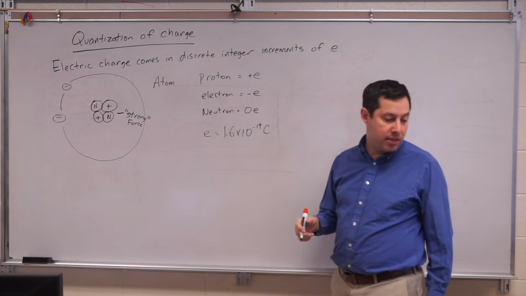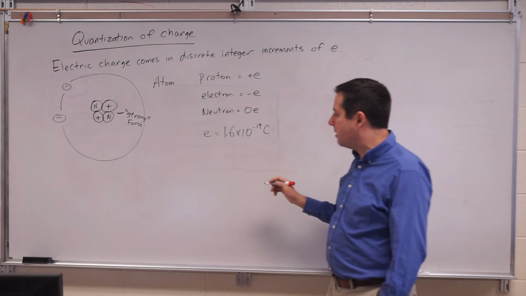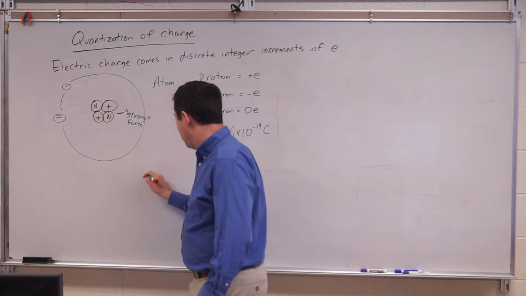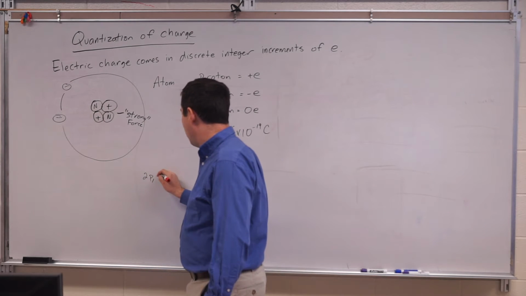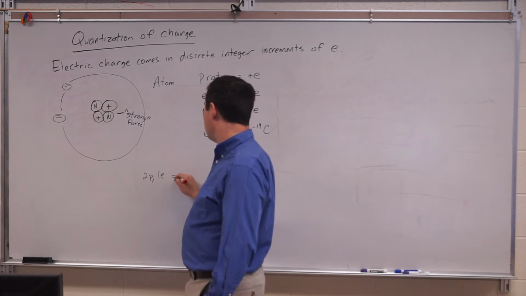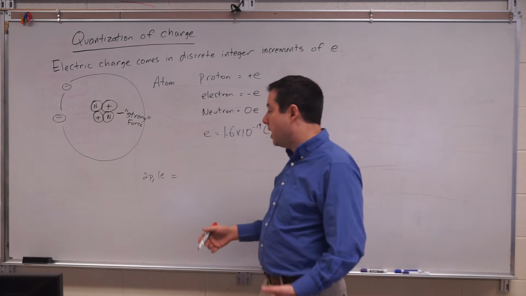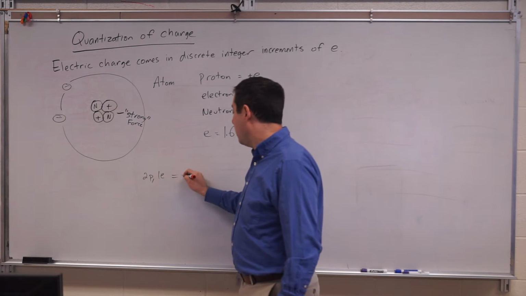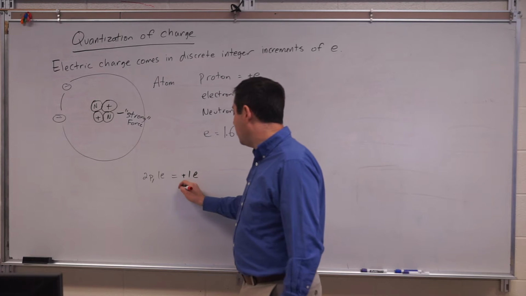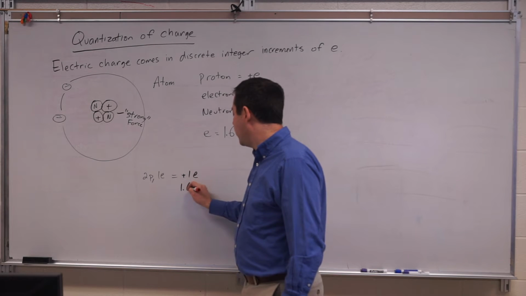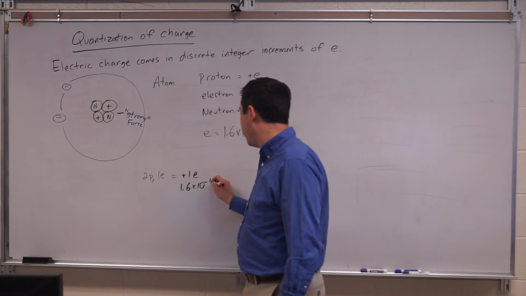So imagine you had, for example, 2 protons and 1 electron. Your total charge is going to be +2 minus 1, which is plus 1e, equal to 1.6 times 10 to the negative 19 coulombs.